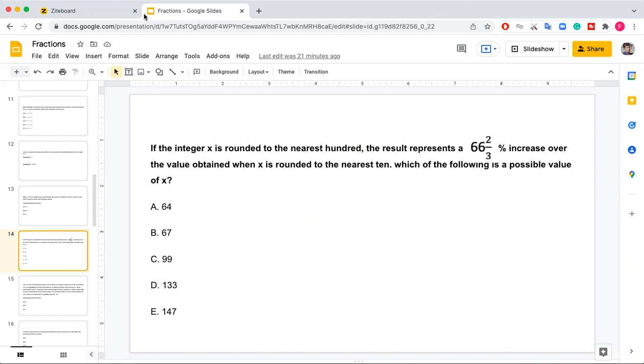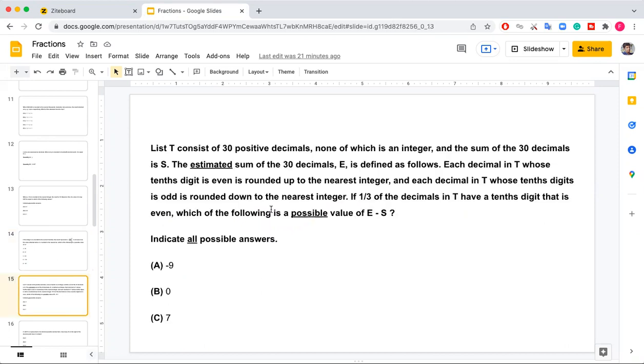The next question is a very interesting question. And if you got this question correct, this is hopefully a level 5 question. Try to solve this question now.